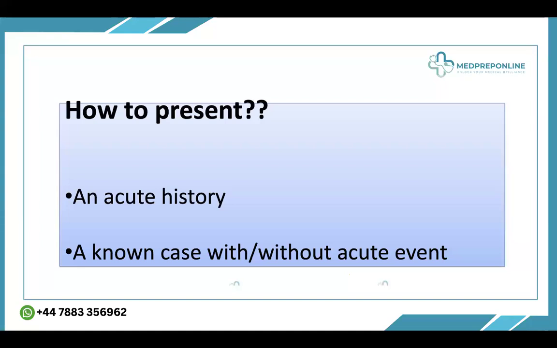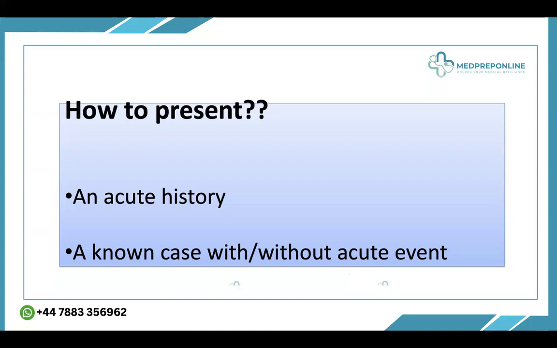On systemic review, it is unremarkable. He was born full term to consanguineous or non consanguineous parents and fully immunized for his age. You have to say one word for each domain after you have given the pertinent positive points.